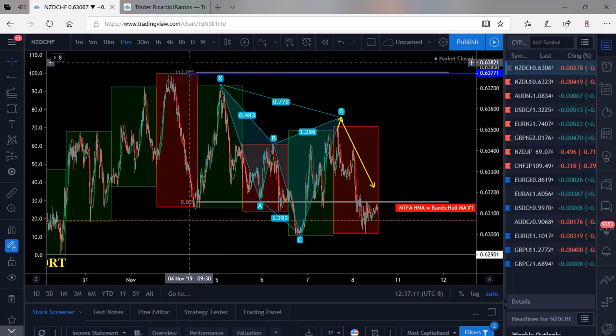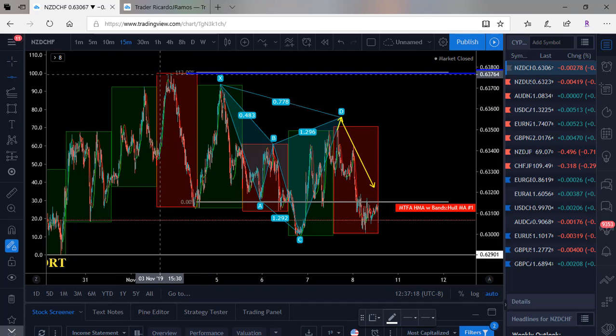As you can see, this is a very good zone because of previous structure. There's good resistance from here.